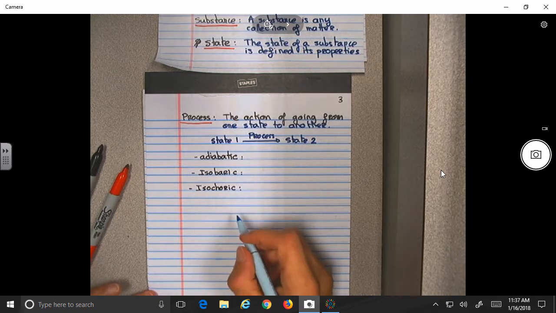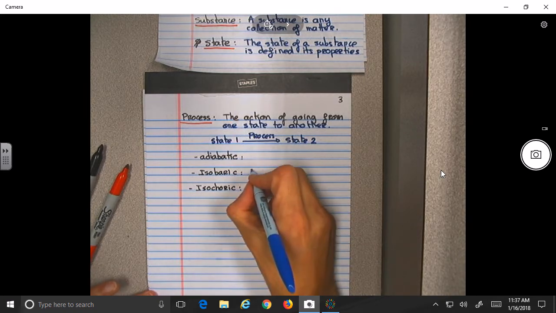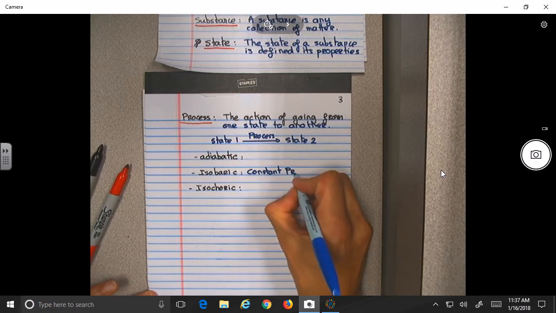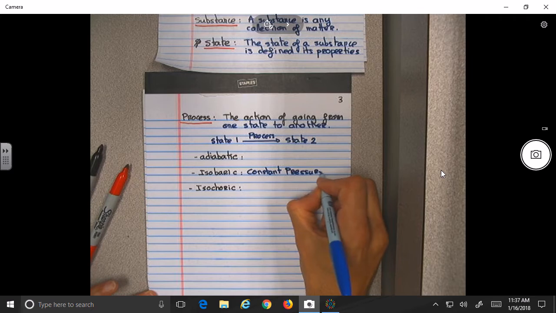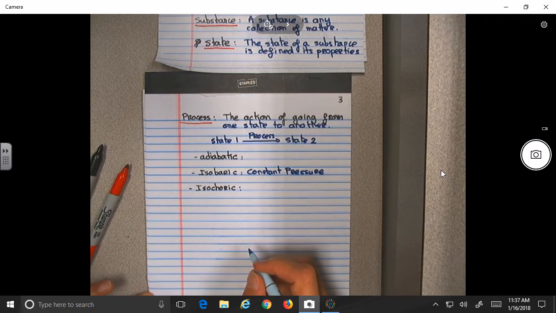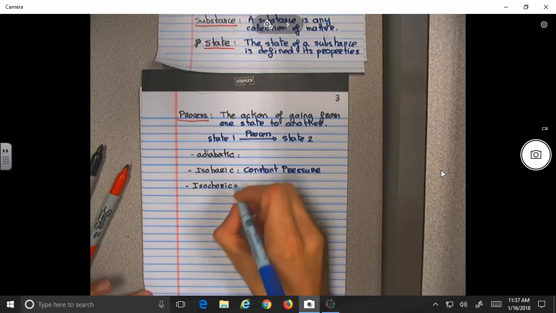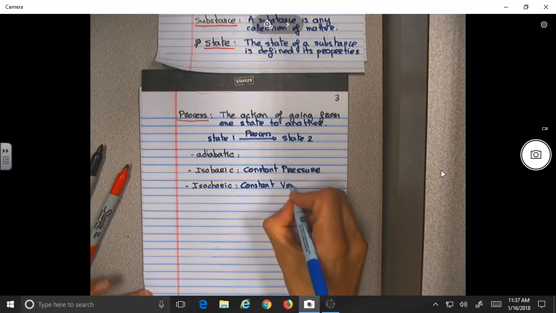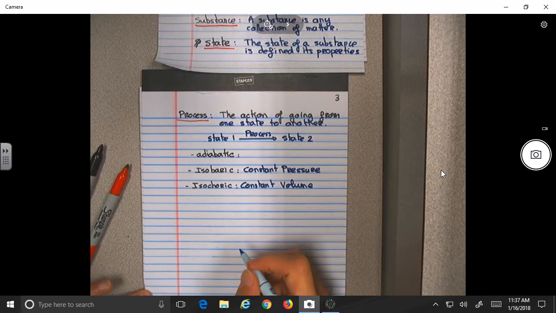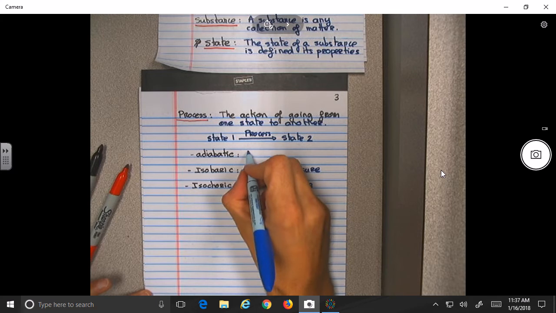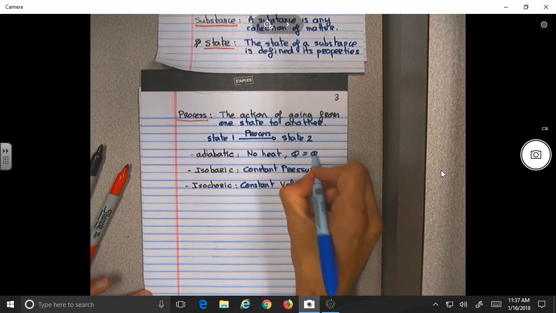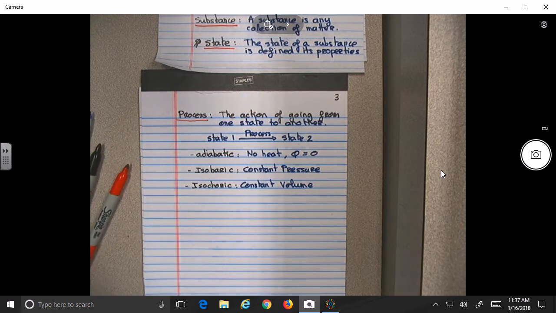What does isobaric mean? A process that happens at constant pressure. What about isochoric? That happens at constant volume. And adiabatic, no heat. So basically you could say that Q is equal to 0, or delta Q is equal to 0.